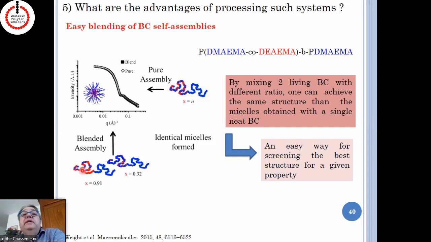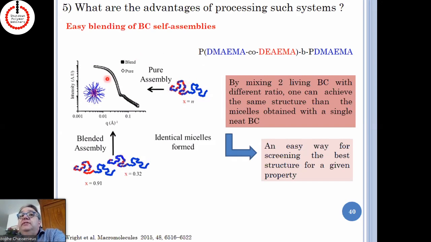And now you mix two block copolymers which have been tempered, but the mixture has exactly the same composition as this neat block copolymer. What you can see is that if you mix these two block copolymers, they display exactly the same structure as one block copolymer.